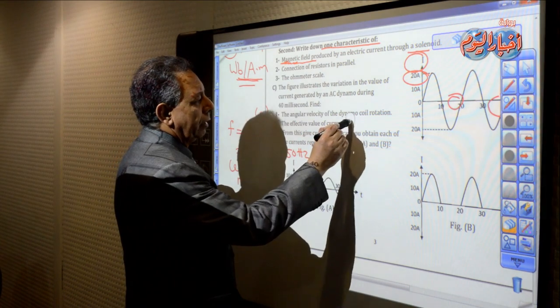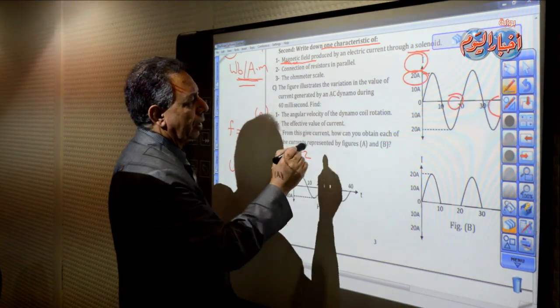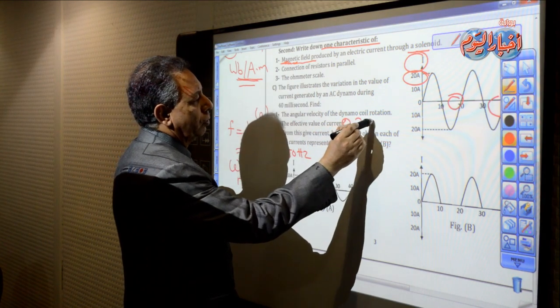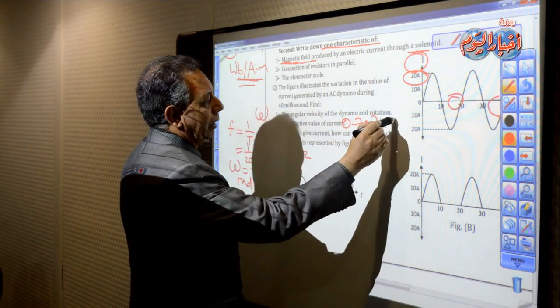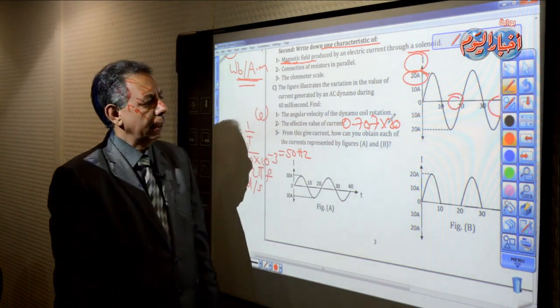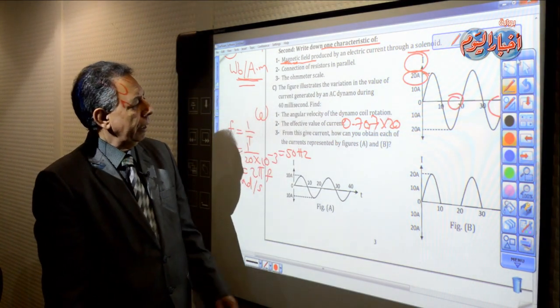So we can write 0.707 multiplied by 20, and you get the effective value of current.